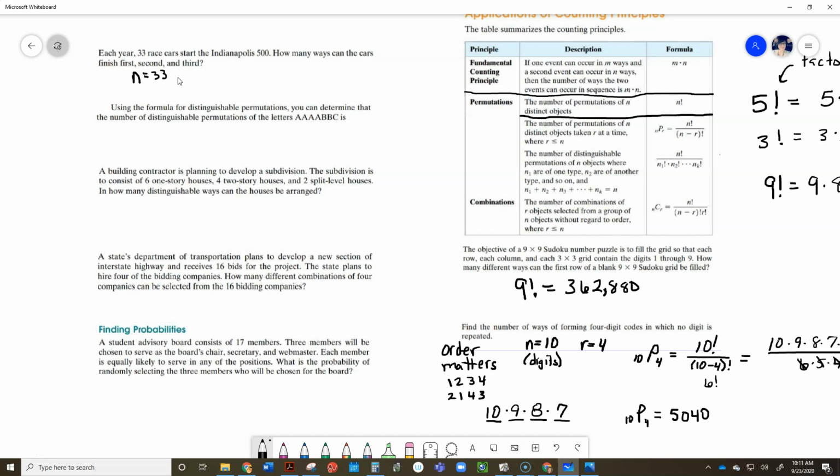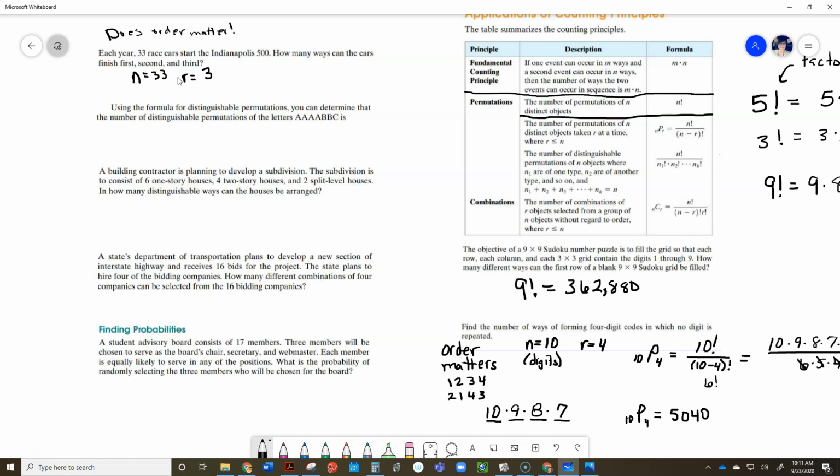And then, how many ways can the cars finish first, second, and third? So I'm interested in 3 places. Now, my question here is, does order matter? The answer is absolutely it matters. Who wins first?